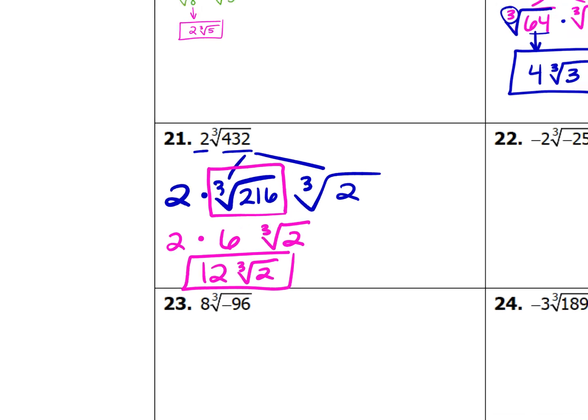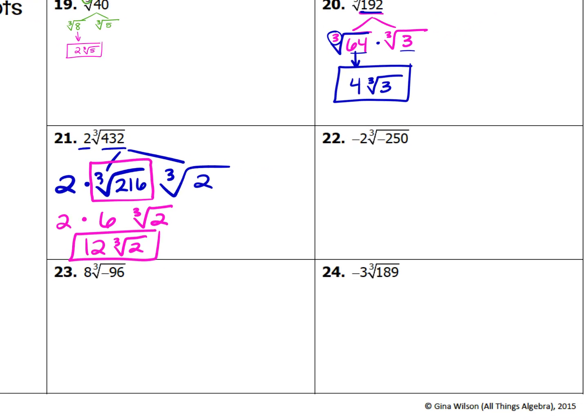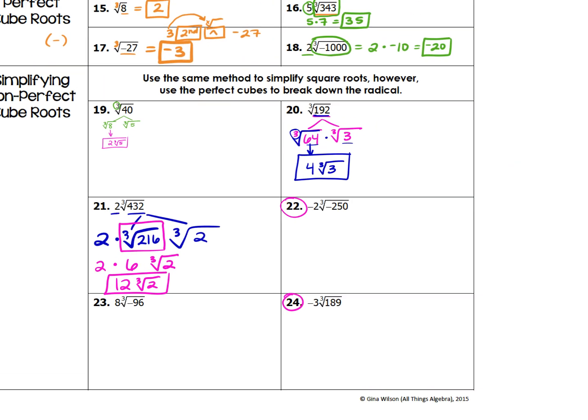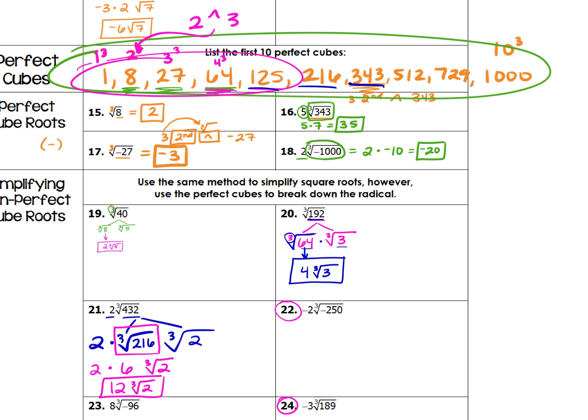Okay. I want you to try 22 and 24 right now. Give those a go. So just remember, you're going back to this list up here and plugging in what is 250 divisible by from that list.